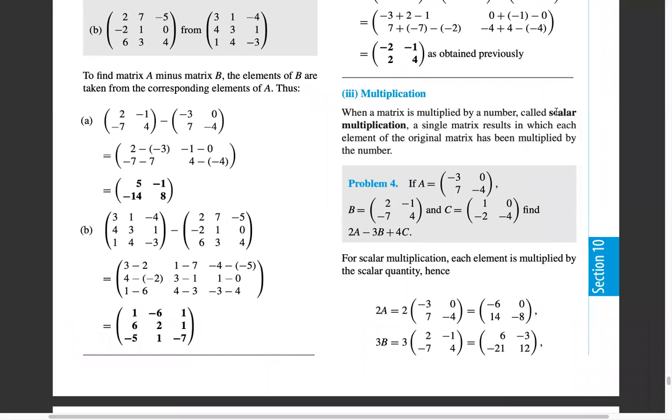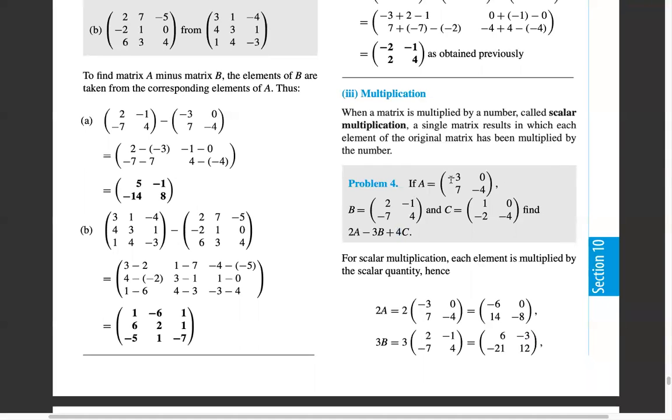So when they say scalar multiplication, they mean multiplying A, which is a matrix, by some number, not another matrix, right? So you see here, B is a matrix being multiplied by a number, C is a matrix being multiplied by a number. When you multiply a matrix by a number, you have to multiply every single element in it by that number.